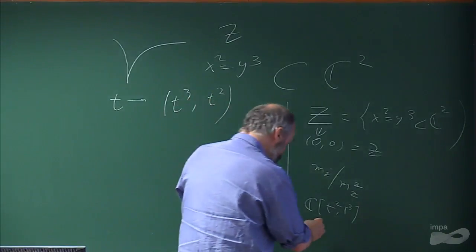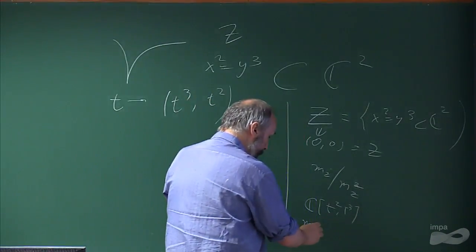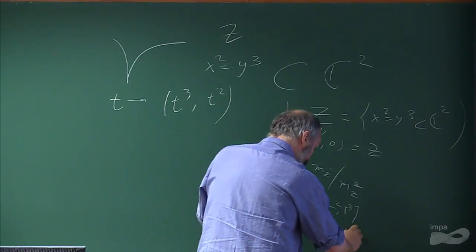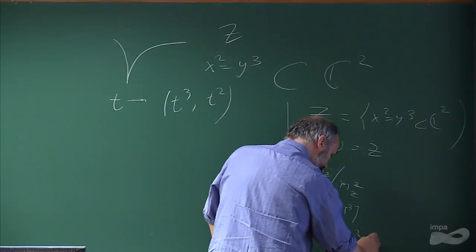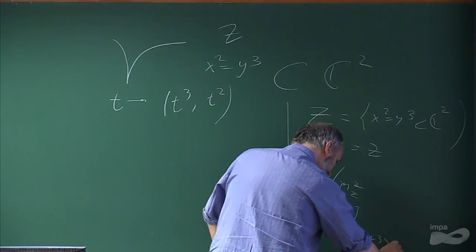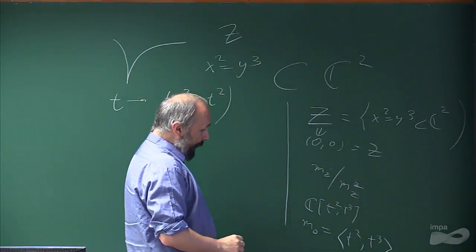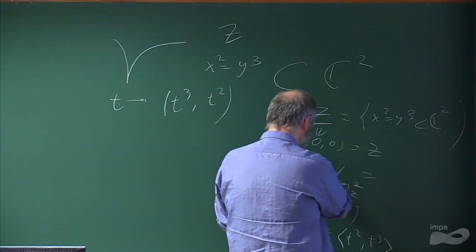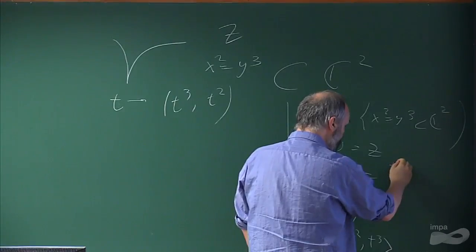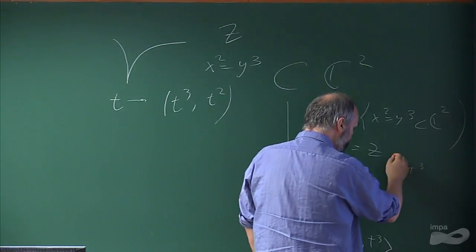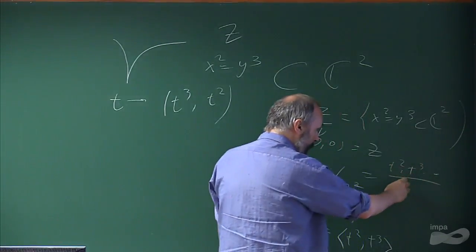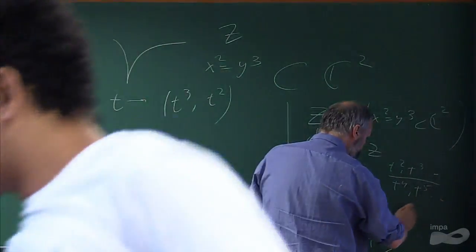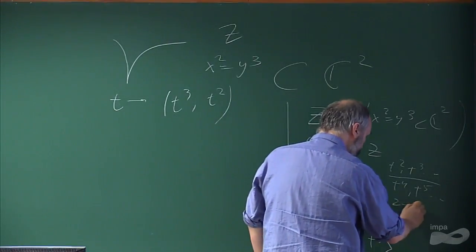The maximal ideal, M0, has two generators, t squared and t cubed. This is the maximal ideal. And then if you take the quotient by the maximal ideal square, the space is the same as t squared, t cubed, and so on, generated, quotient by t^4, t^5, and so on. So this is two-dimensional.